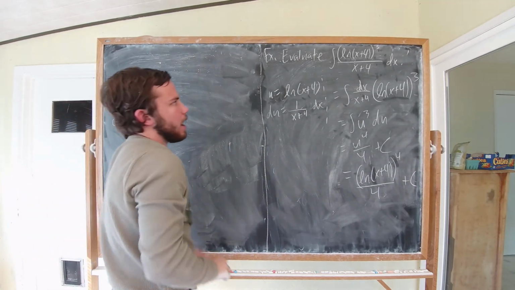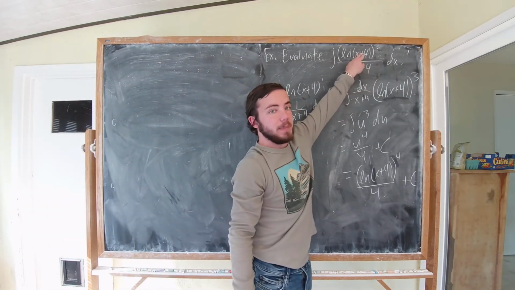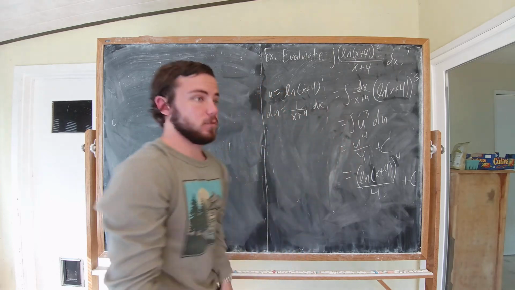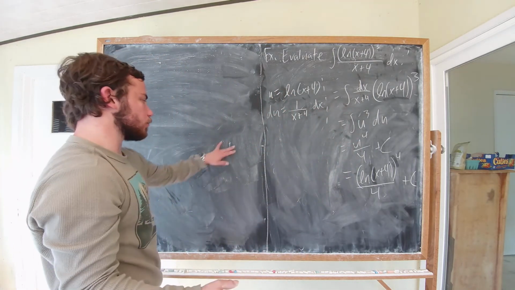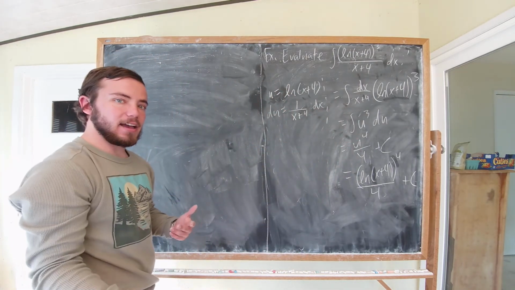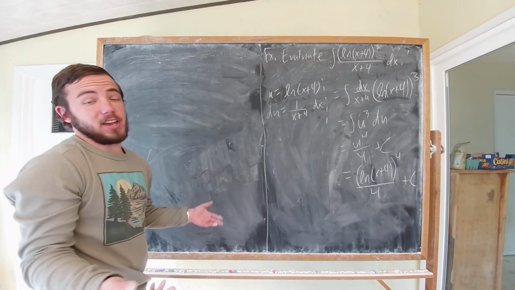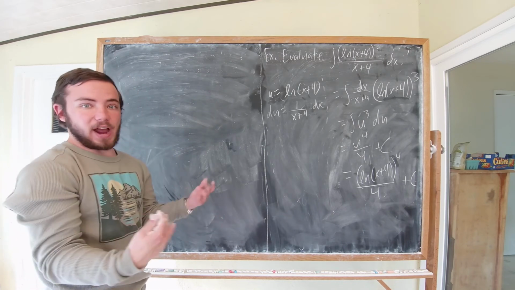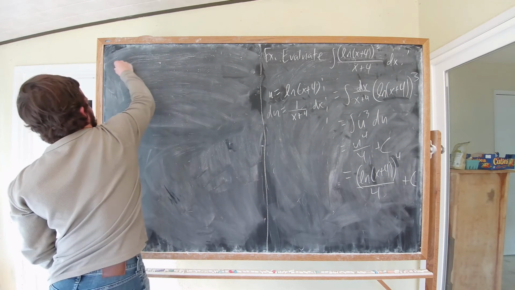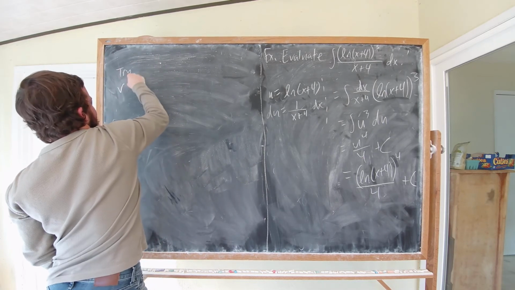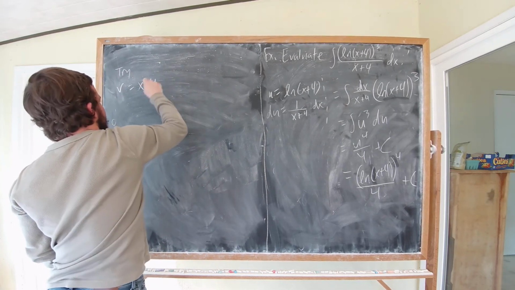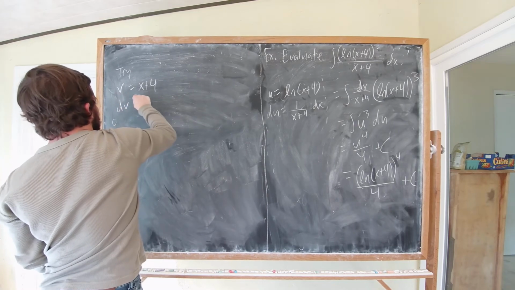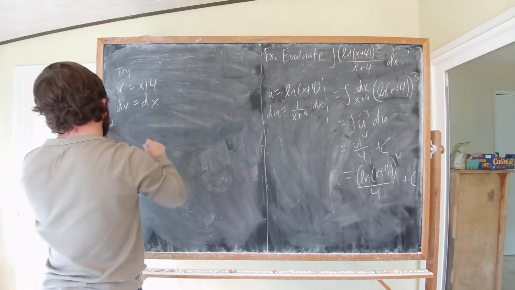Let's say you said, okay, a more specific inside would have just been x plus 4. Sure, let's try it. It's not like anything goes wrong if we try a bad u sub. It just will give us some clues that we should try another one. So let's try maybe v equal to x plus 4. In that case, dv would just be dx.